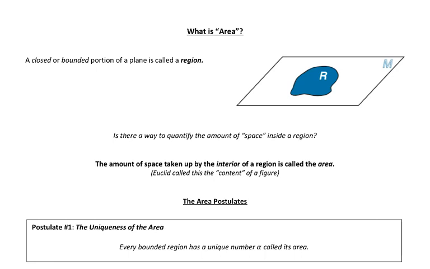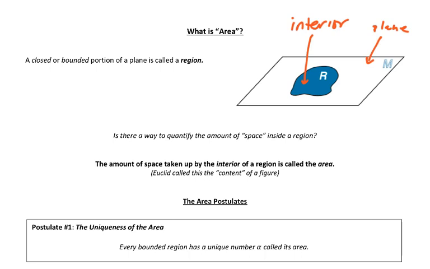Consider this example shown on the page. I have some plane M, that's infinitely long, and I have some bounded region R, and I can divide that into two different pieces: the interior and the exterior.